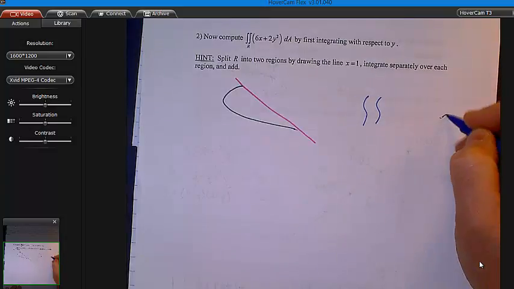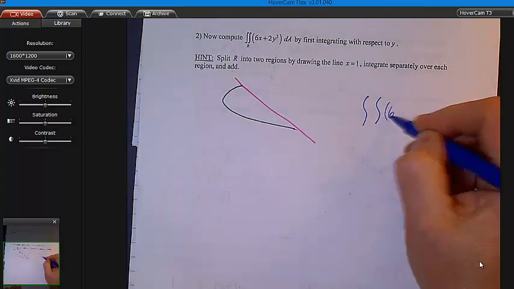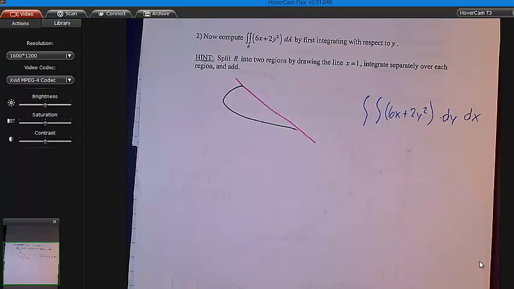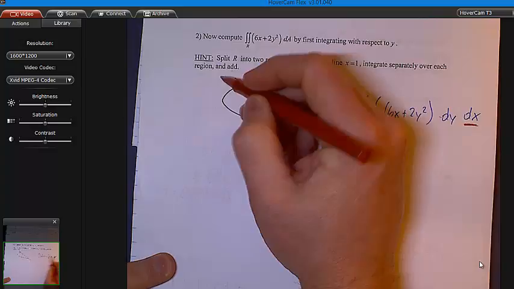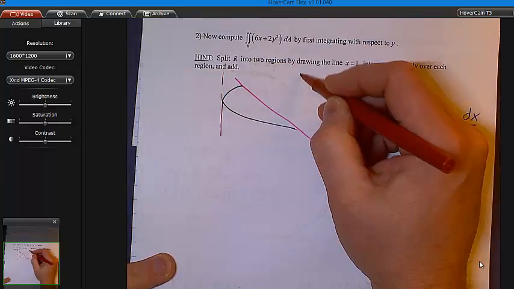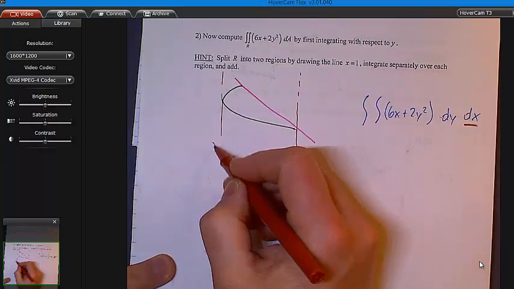So let's write it this way. dy dx, let's fill in the 6x plus 2y squared. But I guess what I want to emphasize here is that you're going to finish integrating dx, which means we're going to be moving from this line to that line. This line would be x equals what?